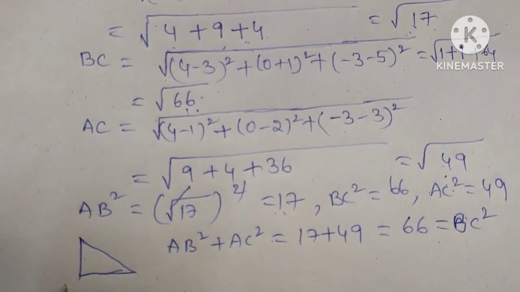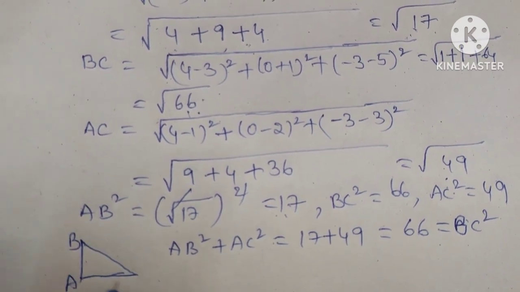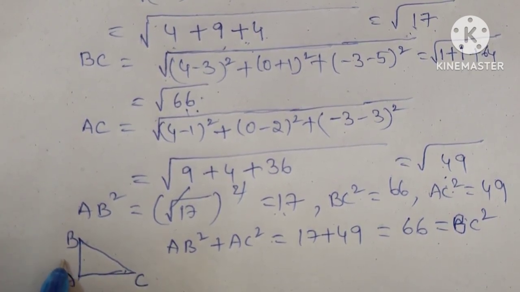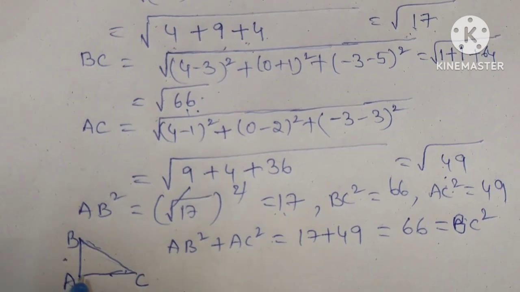Side square plus side square equals hypotenuse square, so it is a right angle triangle.